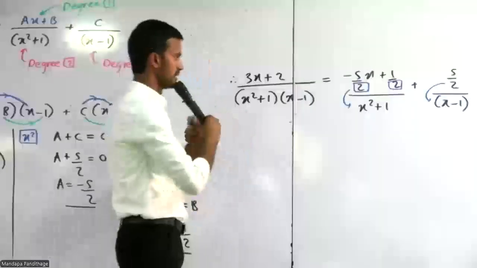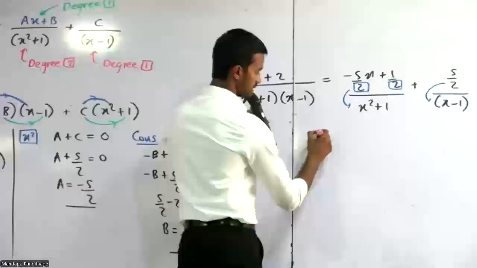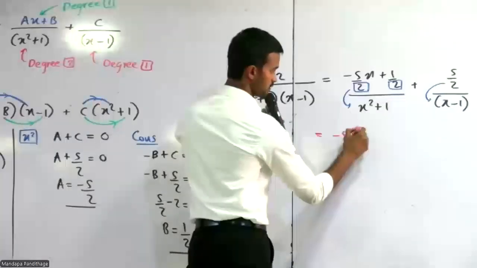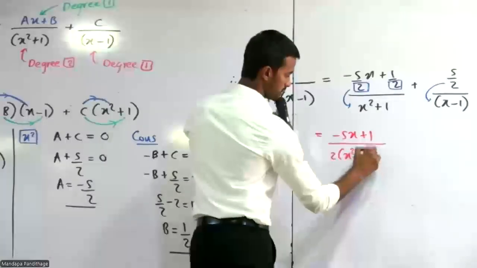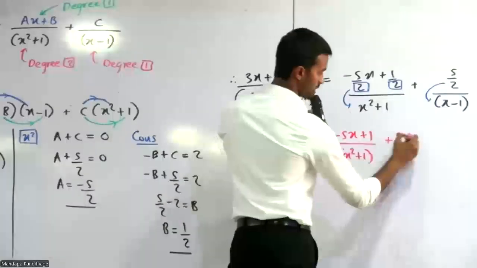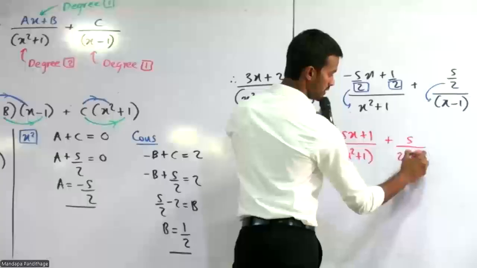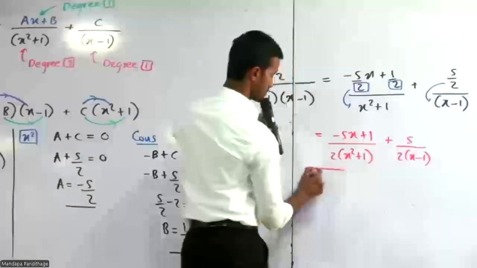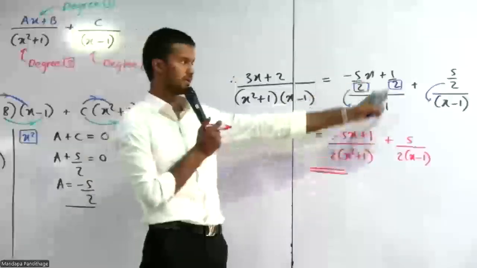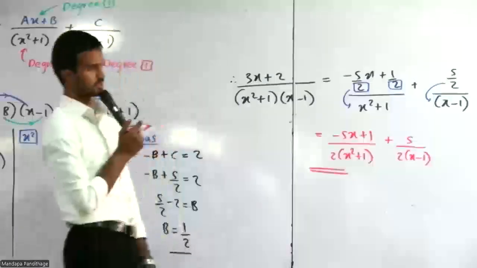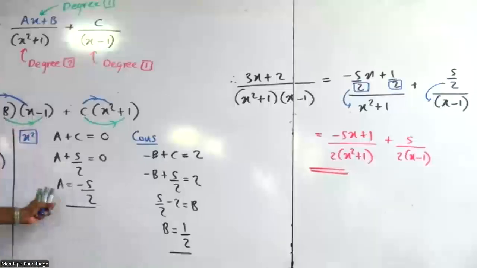So you can keep the final answer in a cleaner way: minus 5x plus 1 over 2 times x squared plus 1, plus 5 over 2 times x minus 1. So this is your final answer. No difference, same thing. The only point is we have to use both methods, equating or comparing coefficients and substituting values.